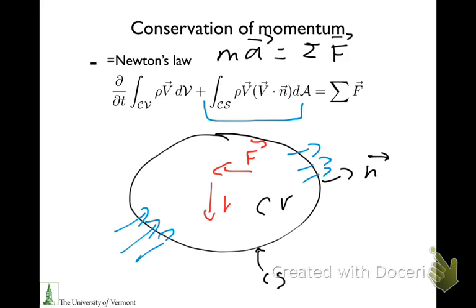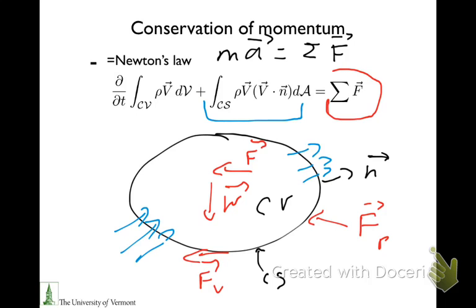Could be also the weight of the fluid. You could have the force of pressure. You could have viscous forces or force of friction. Anyway, you need to list all those forces. Now the key, as we will repeat later, is to list all the forces that are acting on the fluid.